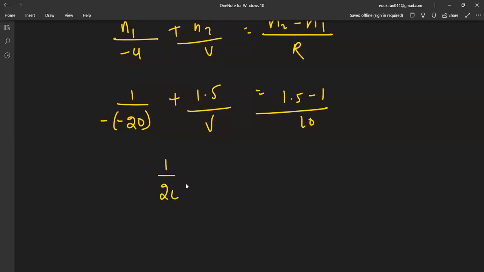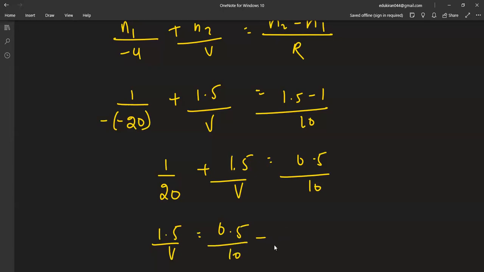So 1 by plus 20 plus 1.5 by v is equal to 0.5 by 10. So 1.5 by v is equal to 0.5 by 10 minus 1 by 20. This will be 20. Here you will multiply it by 2 minus 1.